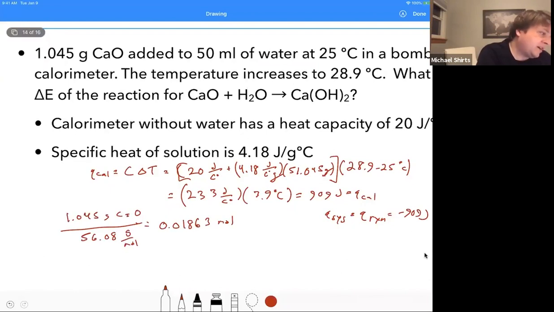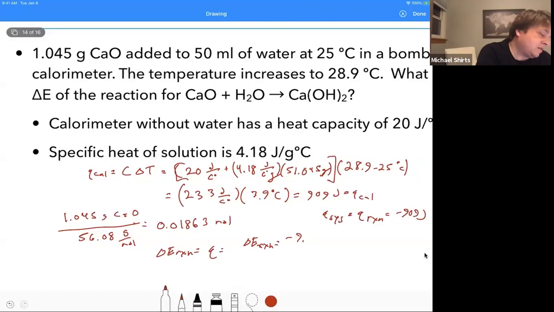So the delta E reaction is just going to be Q. Delta E reaction equals minus 0.909 kilojoules divided by 0.01863 moles.